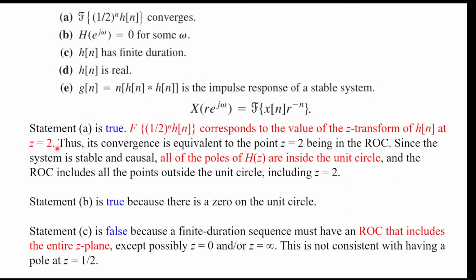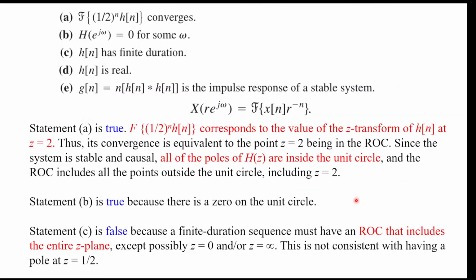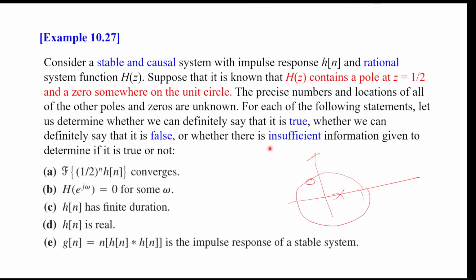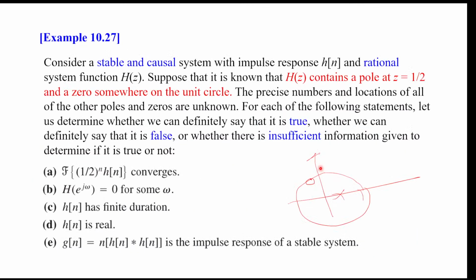From stable and causal, we know that, since this is rational, stable, and causal, all the poles must be inside the unit circle. So there is no pole outside the unit circle, and the ROC includes everything outside the unit circle. And so z equal to 2 is inside the ROC, and so it is convergent inside the ROC.